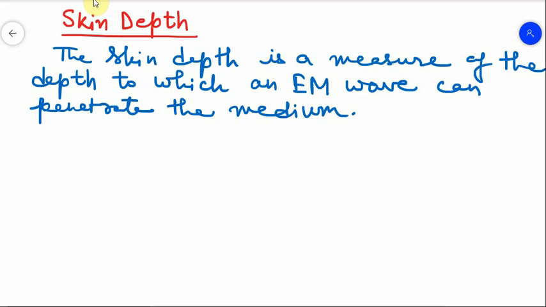This is represented by delta, and delta equals 1 upon alpha. In a medium of high conductivity, the wave is attenuated as it propagates due to losses which occur in the medium.